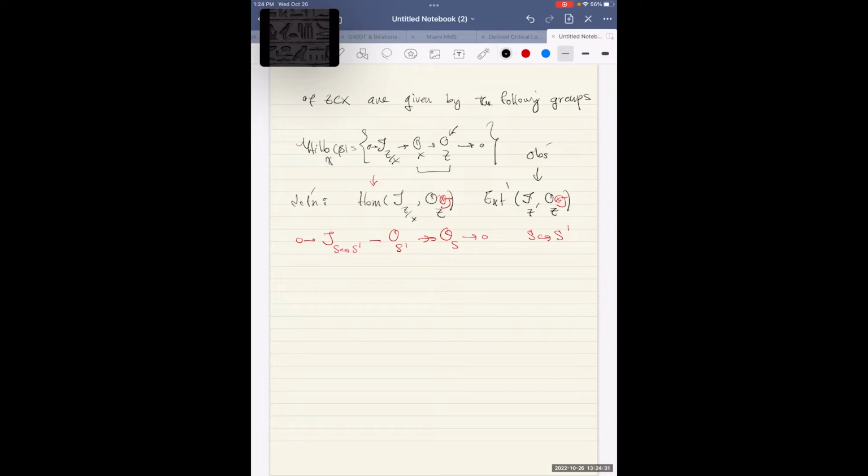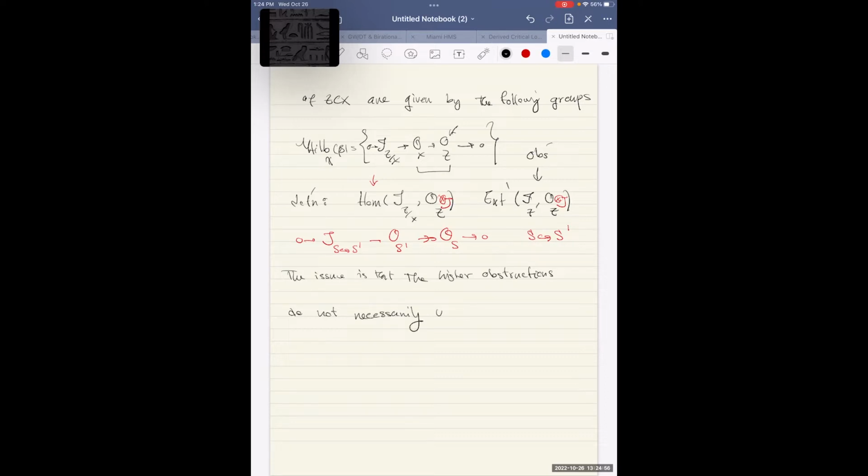Okay. Now, the issue is that the higher obstructions do not necessarily vanish. Maybe sometimes they vanish, but not here.